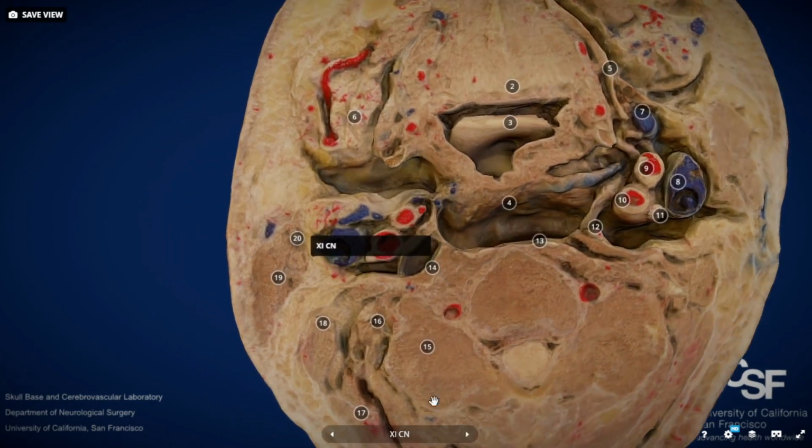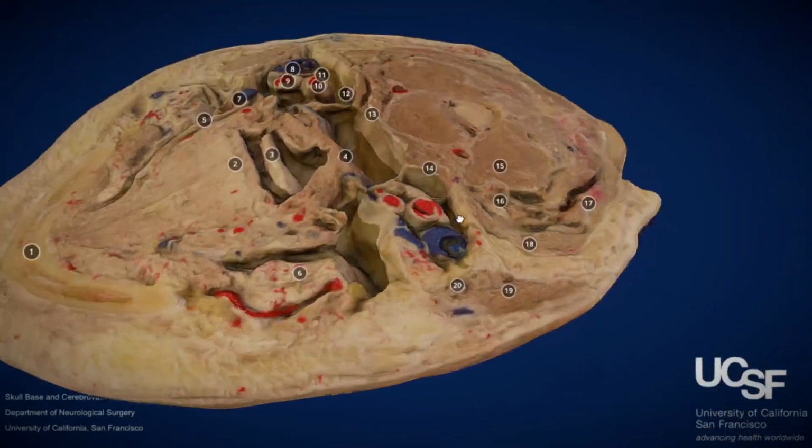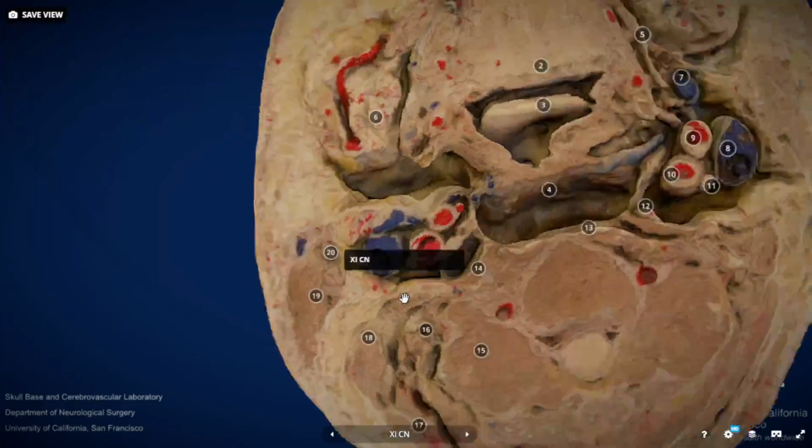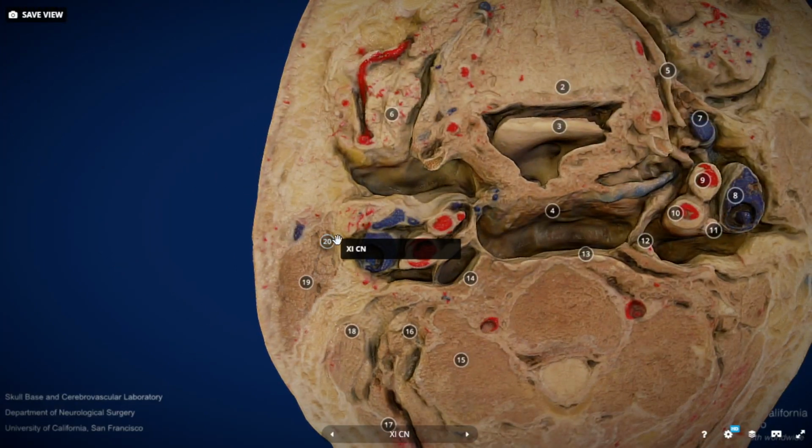This is a muscle that is usually retracted, but let's remember that there's an intimate relationship between this muscle and the spinal accessory nerve, the 11th cranial nerve.